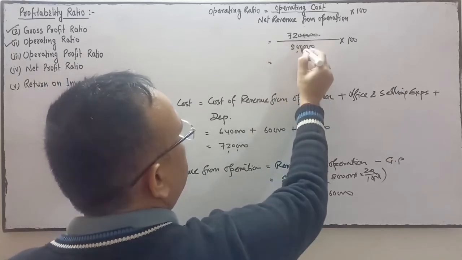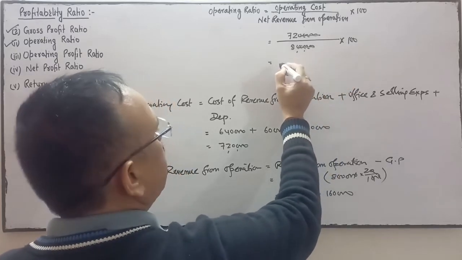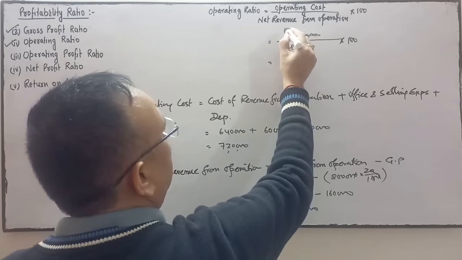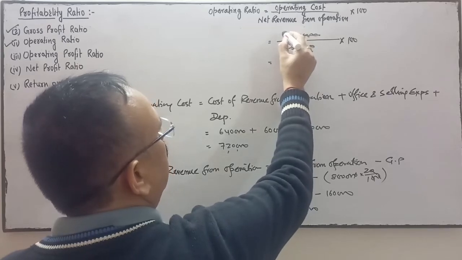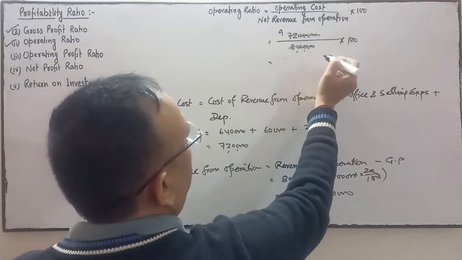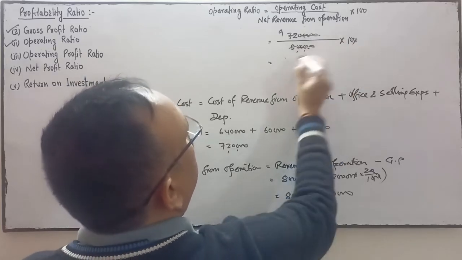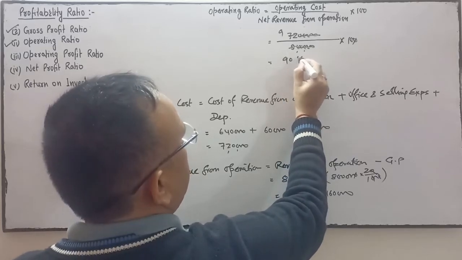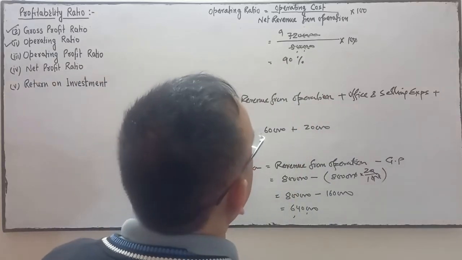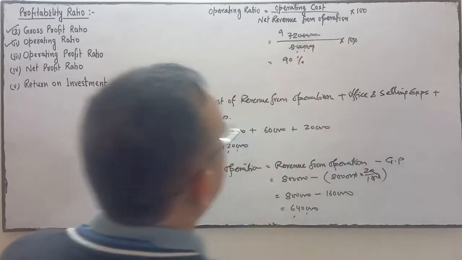So we'll calculate the operating ratio. It is 90%.